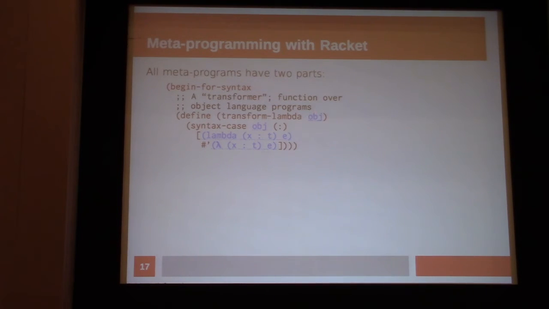It takes as input some representation of the core language. In Racket, this is called a syntax object, and it's going to return a syntax object. This hash quote here is the data constructor for syntax objects. What this function does is pattern match on the syntax object, and when it sees this ASCII lambda, a binding and a body, it's going to generate the Unicode version that we have in our core language.